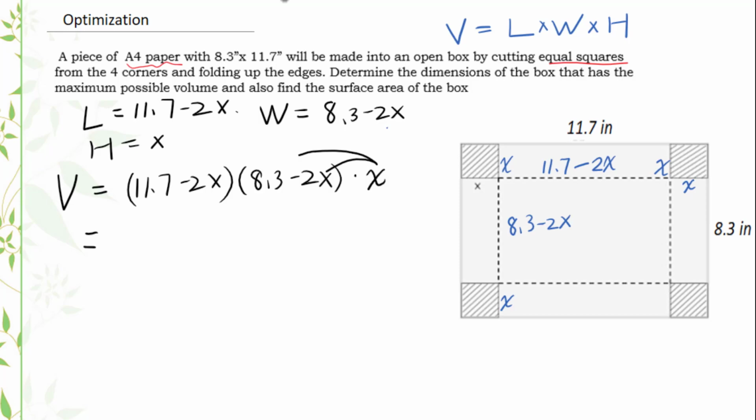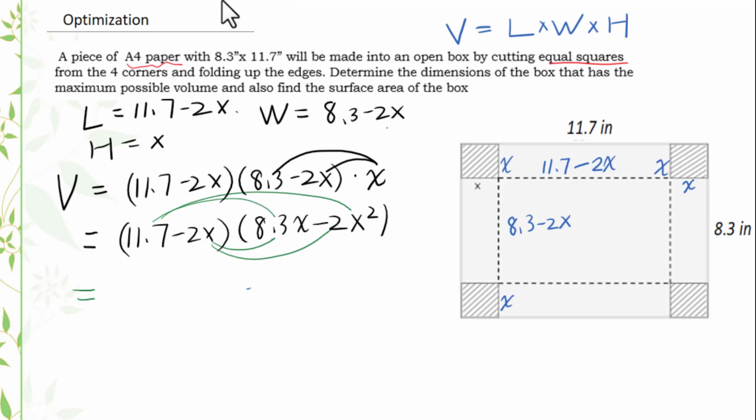Do the distributive property first. 11.7 minus 2x times 8.3x minus 2x squared. Then do the FOIL. 11.7 times 8.3x is 97.11x. 11.7 times negative 2x squared, negative 23.4x squared.